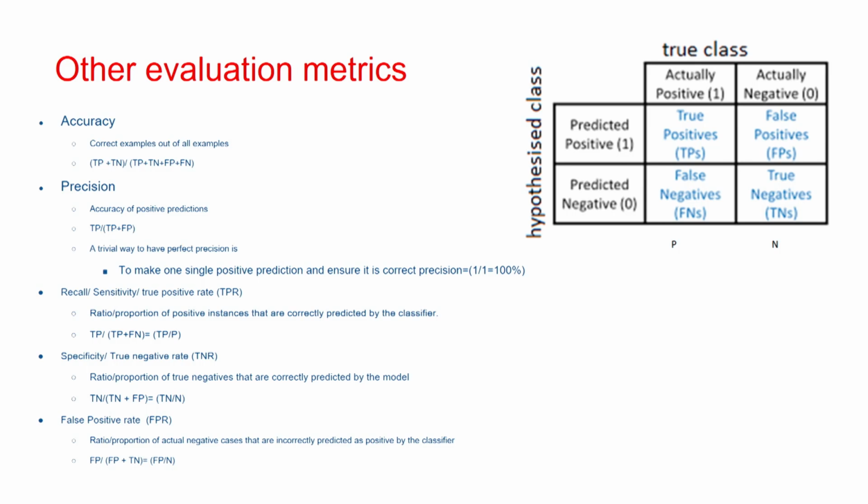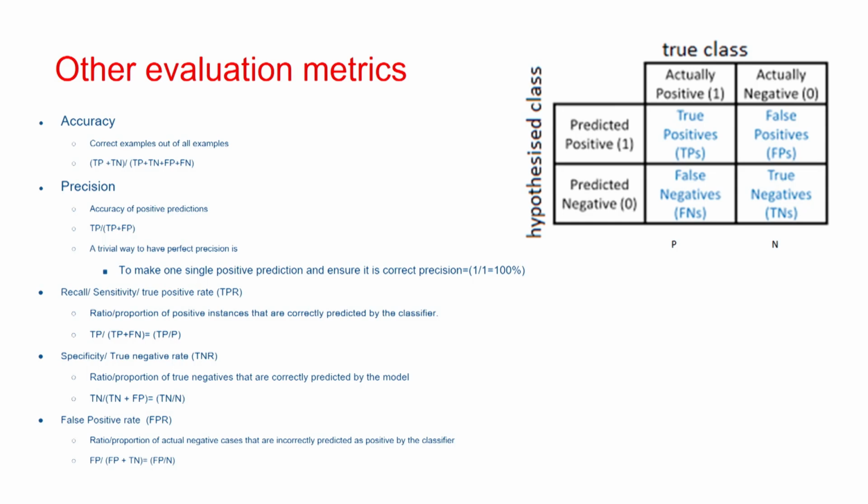This also gives a trivial way to have perfect precision: make one single positive prediction and ensure it is correct. So 1 by 1 will be 100%.